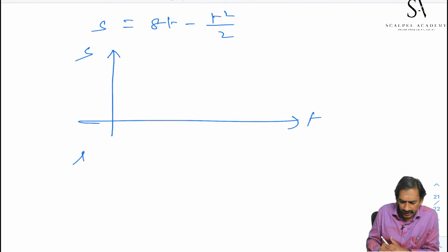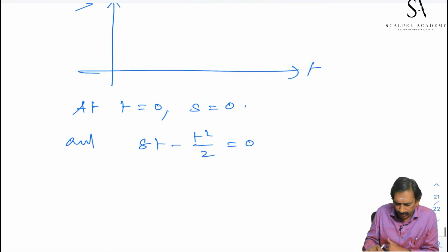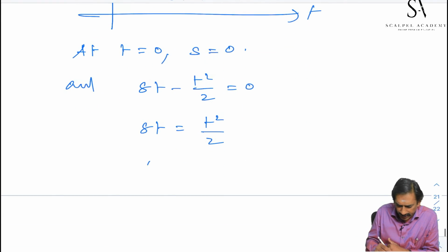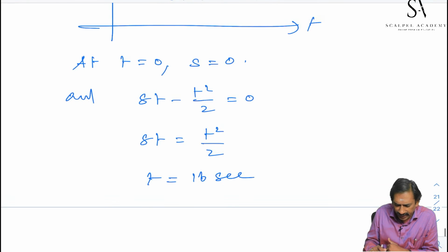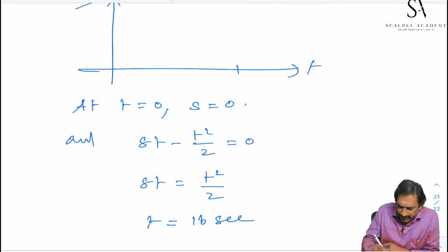At t is equal to 0, S is equal to 0, and 8t minus t square by 2 is equal to 0, 8 is equal to t by 2, then t is equal to 16 seconds. At t is equal to 16 seconds, again S is equal to 0. I take this as 16 second.